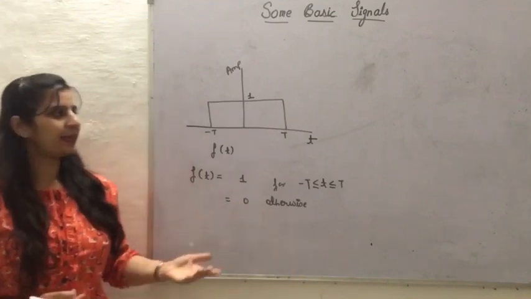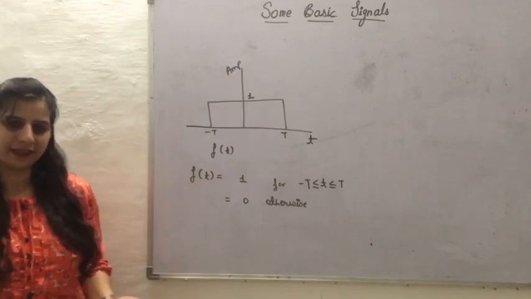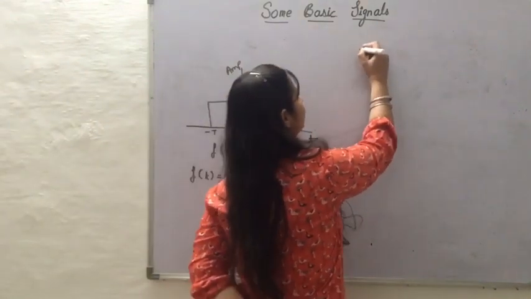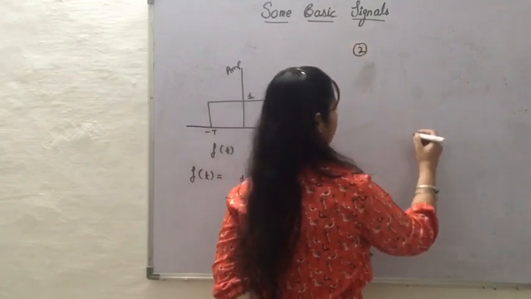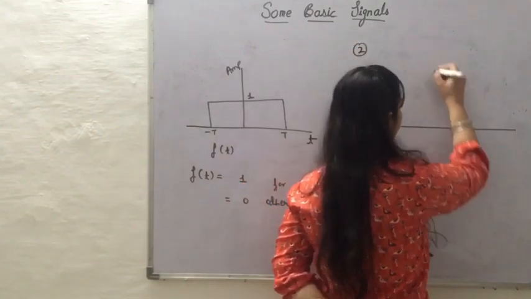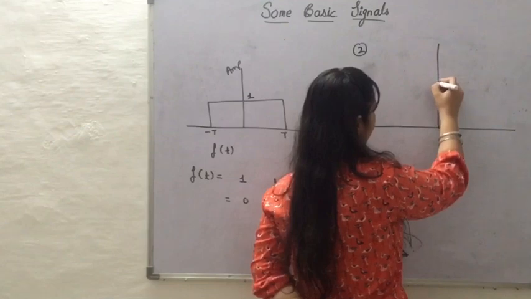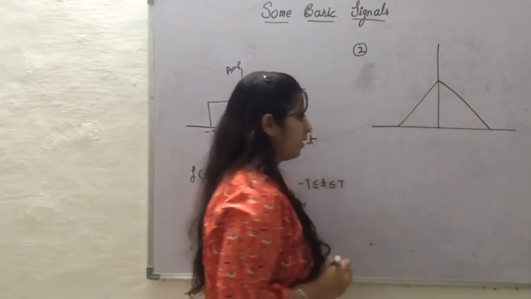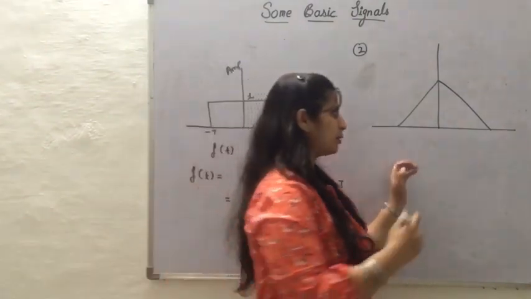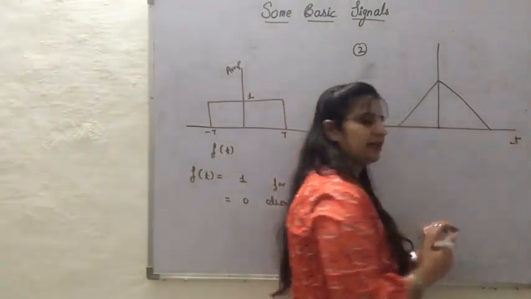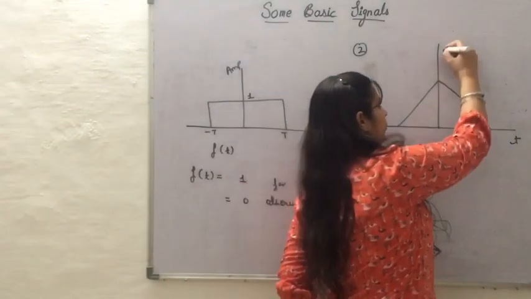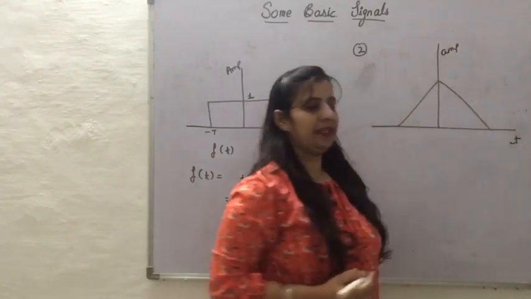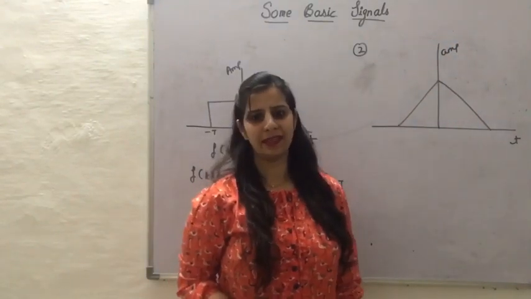The second commonly known signal could be a signal which is like this. Now here also I am taking time on the x-axis and the amplitude on the y-axis. The maximum amplitude that the signal takes is 1.